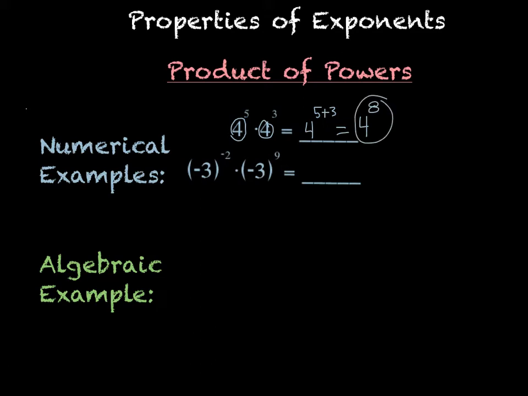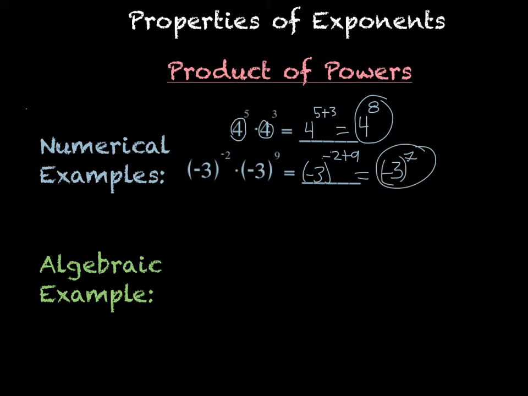And the next one, negative 3 to the negative 2 power times negative 3 to the 9 power would be negative 3 to the negative 2 plus 9 power, which is equal to negative 3 to the 7th power.